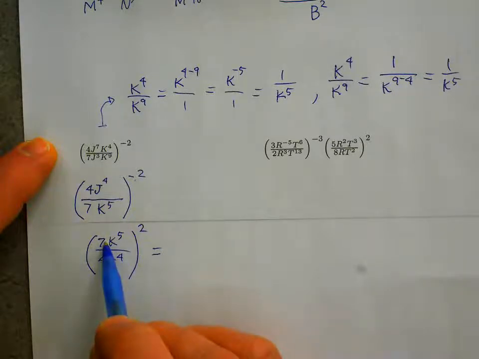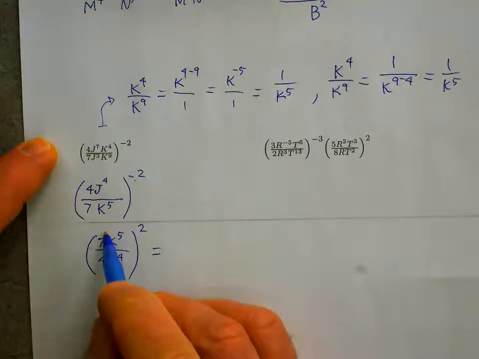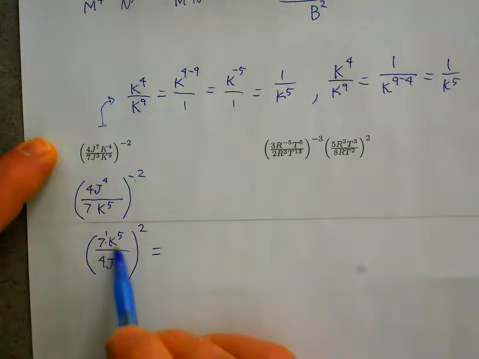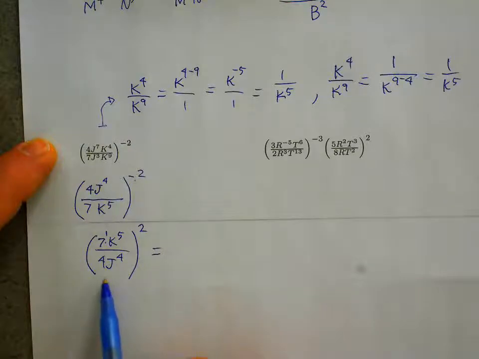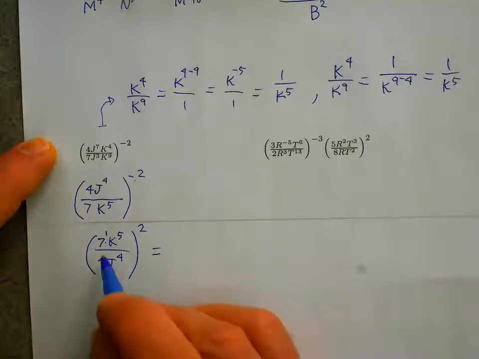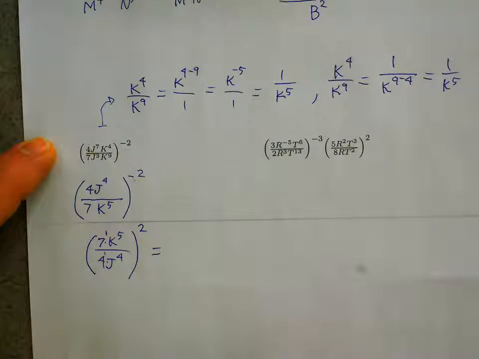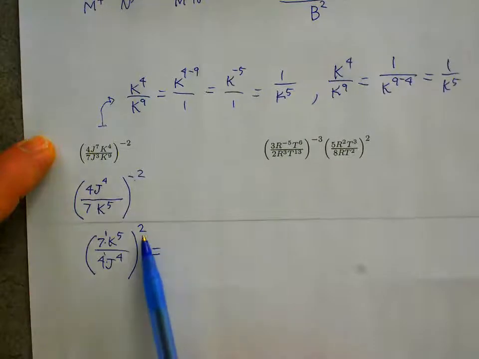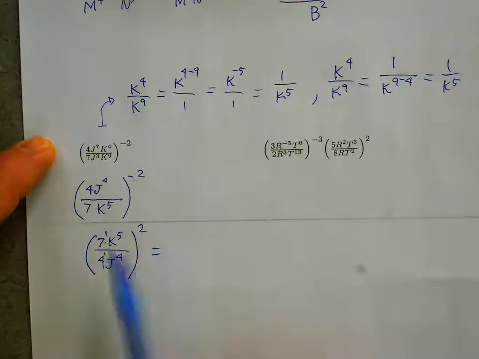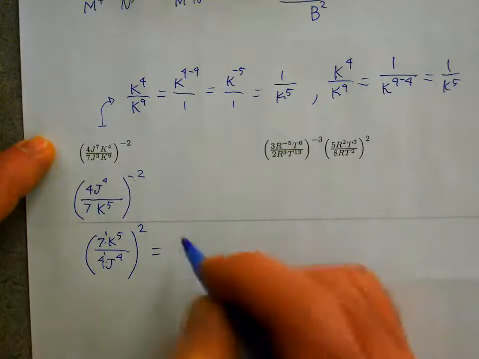So in the numerator, think of 7 times k to the 5th as 7 to the 1st times k to the 5th. And in the denominator, we have 4 to the 1st times j to the 4th. And when we apply this outer exponent 2, we're going to multiply this exponent 2 times each of those 4 exponents.